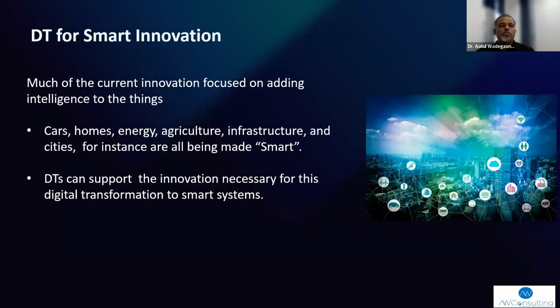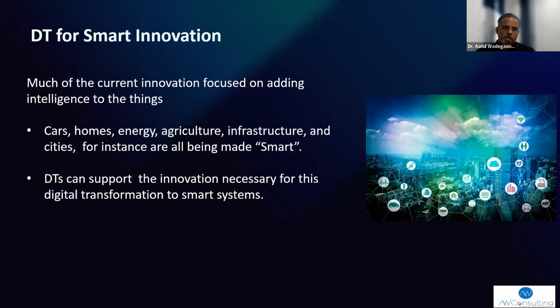At the same time, when we talk about smart innovation, right now most of the innovations or initiatives are focused on or intend to add intelligence to existing things.